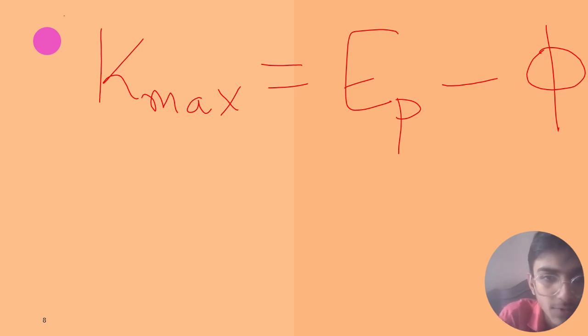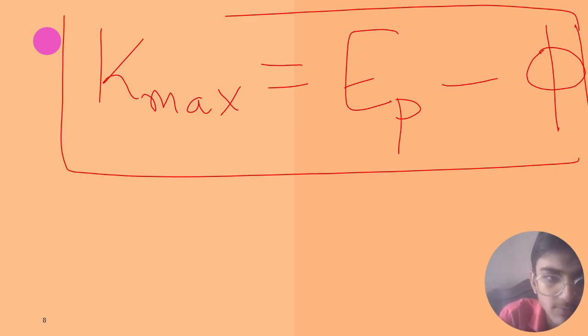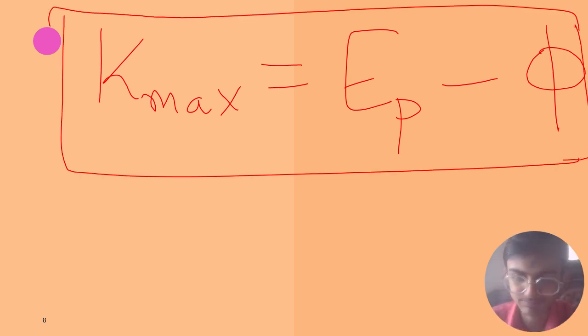We will discuss more on work function. Have patience. This is just an intro to the photoelectric equation. We will have more discussion on this. So the maximum kinetic energy is equal to EP minus phi, and this is called the photoelectric equation.